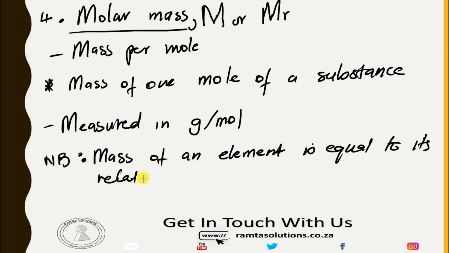In other words, when we refer to the mass of an element, we are referring to that relative atomic mass that you find in the periodic table. So you can call it the molar mass of an element.